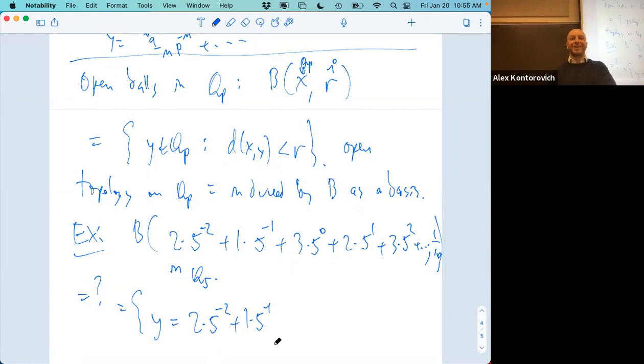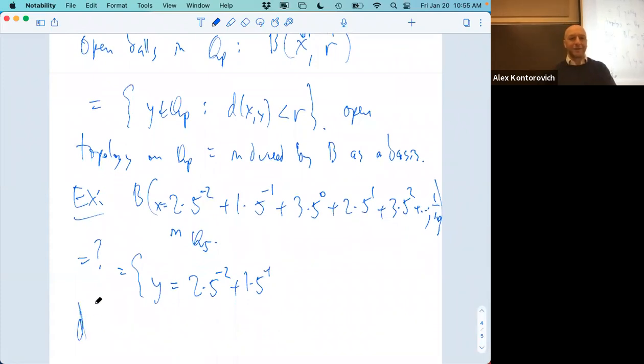Well, because it could be one term with the first one fixed, but if this coefficient of y differed, it wasn't 1, then when I take this point x minus y, so let's put it this way, the distance from our x, let's call this x naught, to the point 2 times 5 to the minus 2 plus 2 times 5 to the minus 1 plus whatever else is, so when I take the difference, this leading coefficient 2 times 5 to the minus 2 cancels off, but now I have something with a 5 inverse.